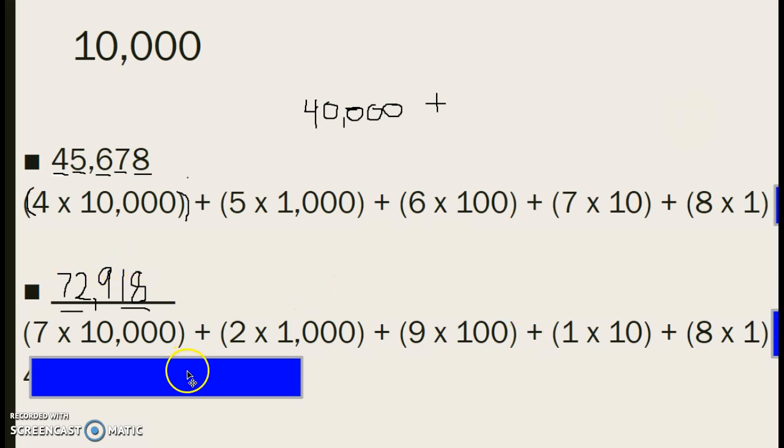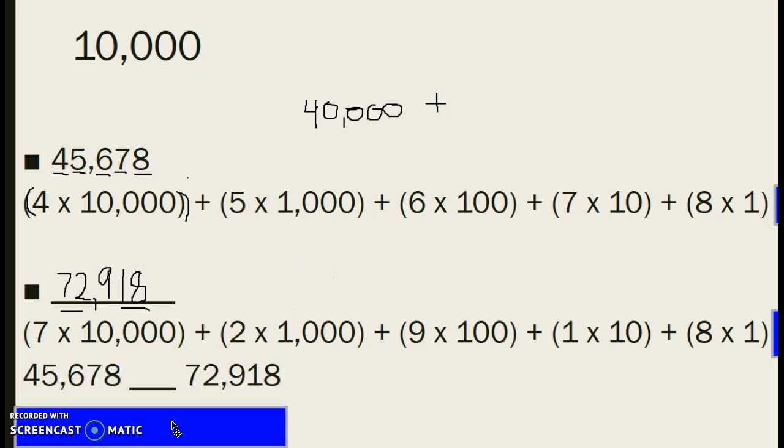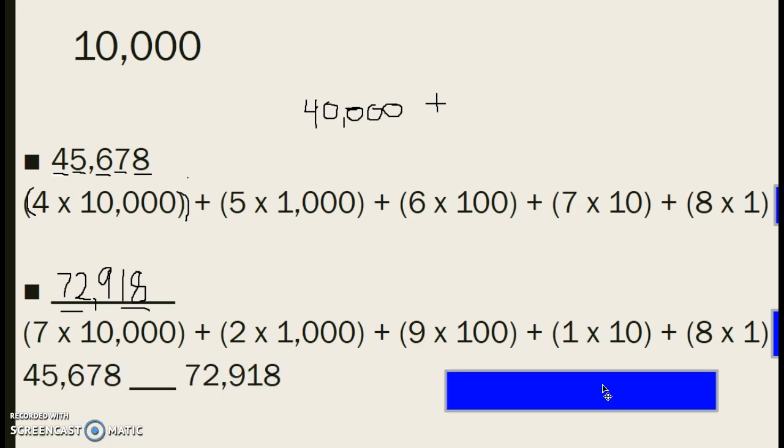Now for this last problem, we need to understand how to do greater than and less than. Okay, so the first thing we're going to do is compare the first two numbers. We're going to use these two numbers that we did, 45,678, and we are comparing it to 72,918. So if we have two different stadiums, and one can hold 45,678, and the other one can hold 72,918, and maybe a soccer company needs to decide where they're going to hold a really big match.